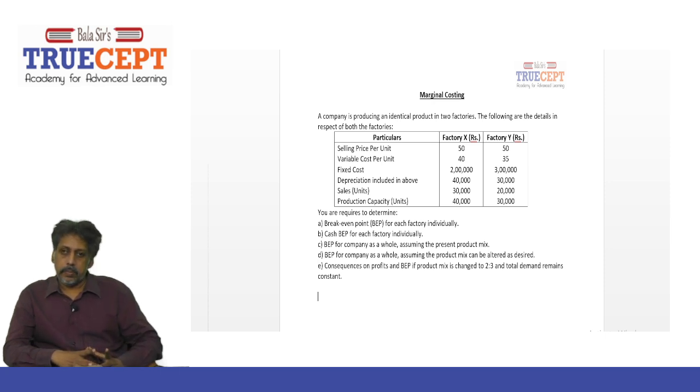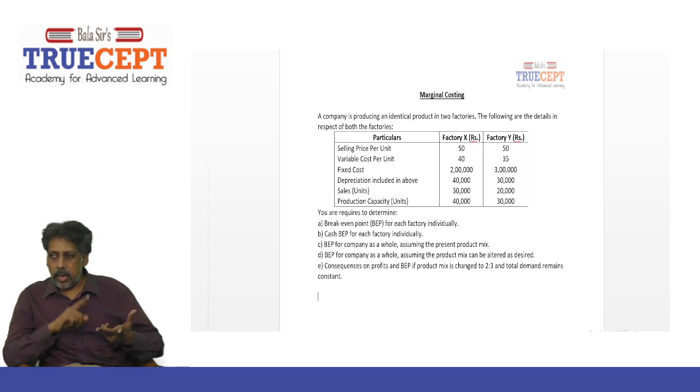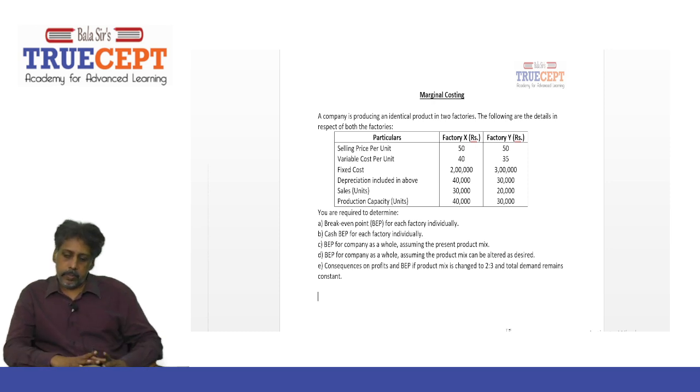A, break-even point, BEP for each factory individually. Now, you have been asked to calculate the break-even point. And here we are going to find the break-even point in units. And we have the data to find the break-even point in units. Next. B, cash BEP for each factory individually.